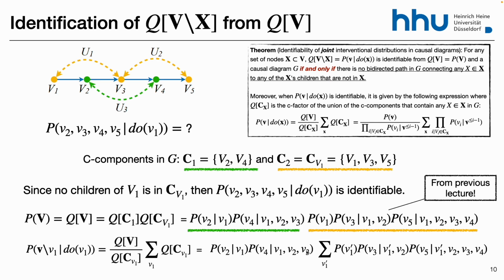So it's here. Are you following? And the sum over V1 of the Q of C(V1) is this one in yellow. So the fraction QV divided by Q of C(V1) is QC1. So that's QC1, and here is the sum over V1 of Q of C(V1).